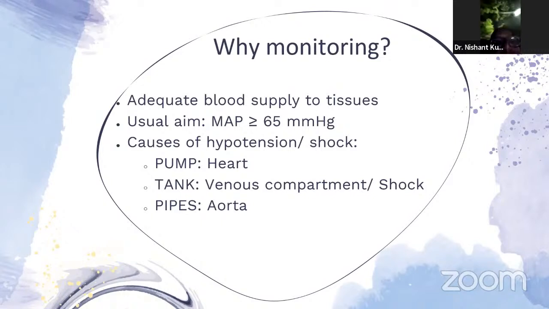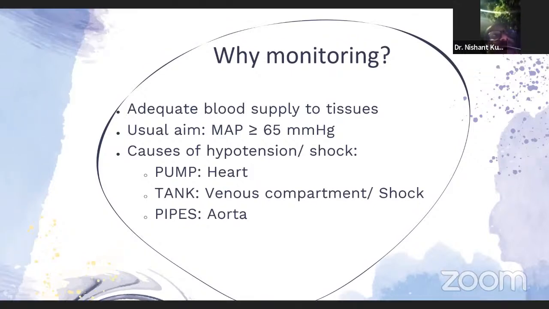And in the ICU, the major aim is to maintain a mean arterial pressure of more than or equal to 65 millimeters of mercury. Now, if the MAP is less than 65 millimeters of mercury, we usually call it hypotension or shock. And usually there are three reasons for that. A failure in the pump, that is the heart, as we all know that the heart supplies the blood to the various tissues. So if there's any inadequacy of the heart, that is the pump, there's less forward flow.